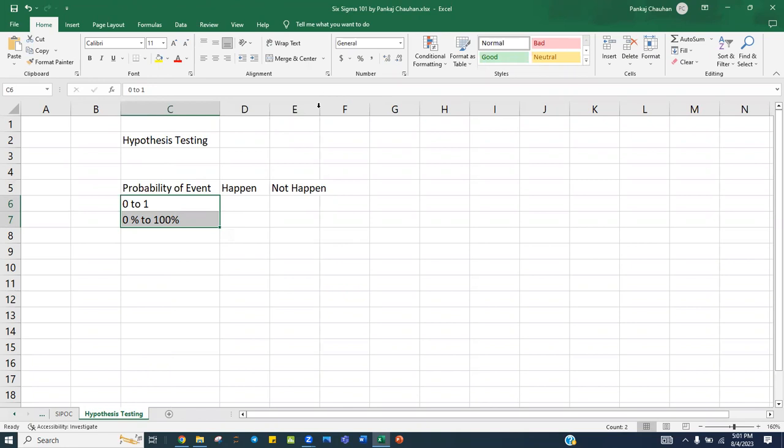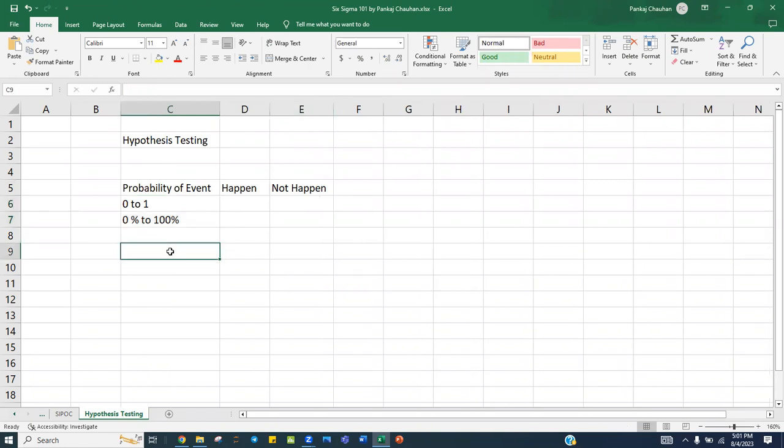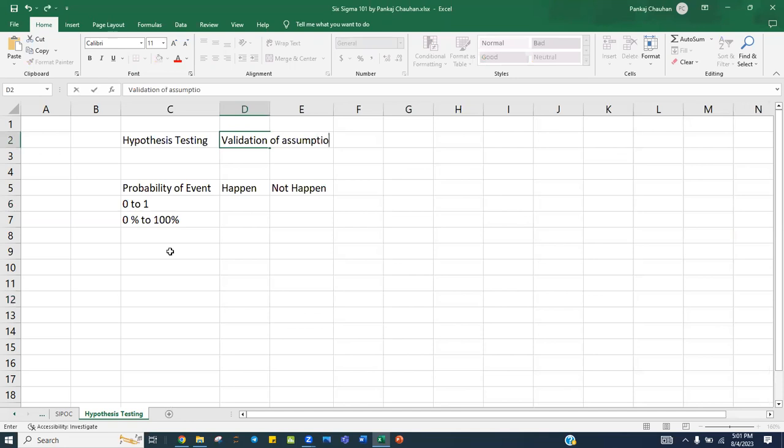So there are two types of hypothesis. First, what is the hypothesis? Hypothesis is validation of assumption. Whenever we start validating any assumption or any sample data, what is assumption validation?